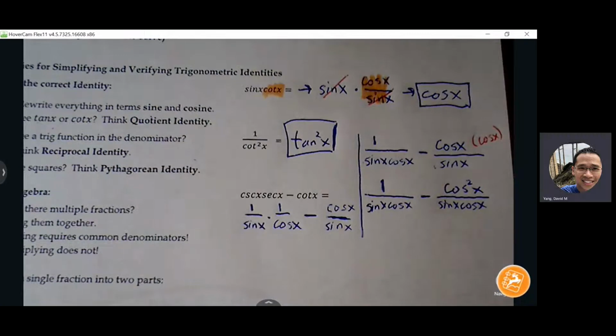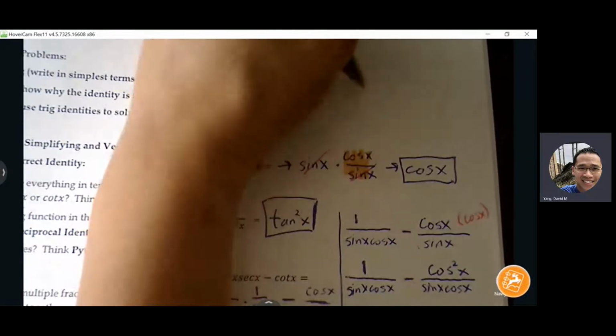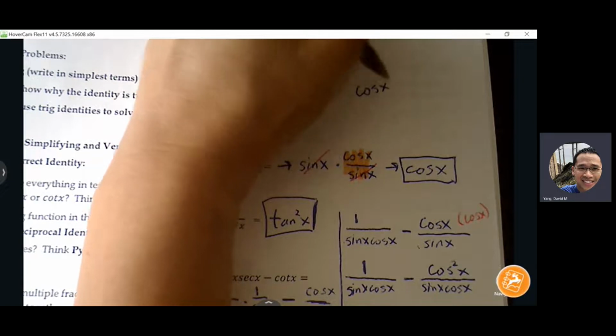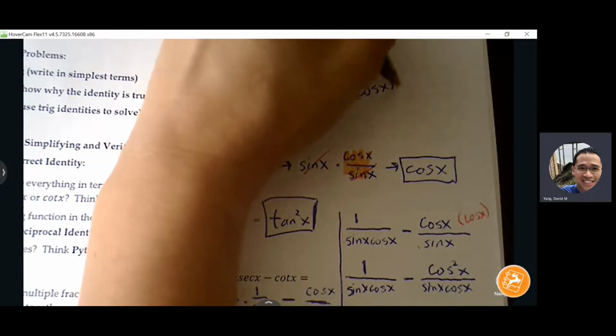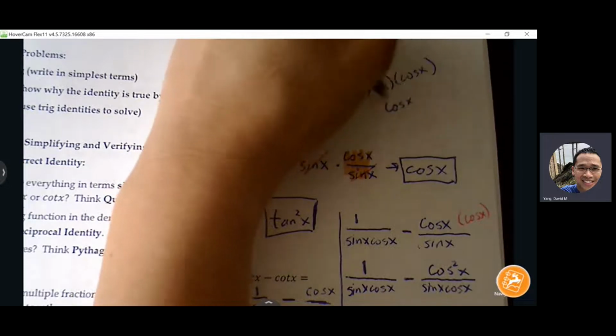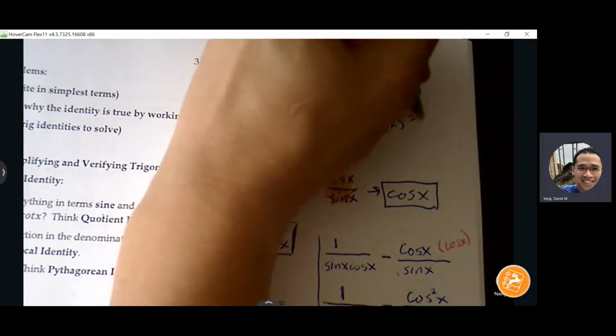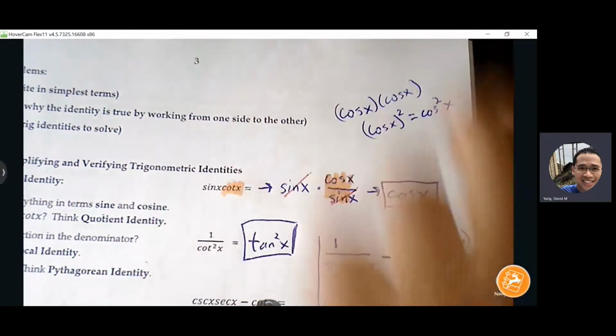Difference between cosine squared x and cosine x squared. No, yes and no. So cosine of x times cosine of x is the same thing as cosine of x squared, which is the same thing as cosine squared x. These mean the same thing.